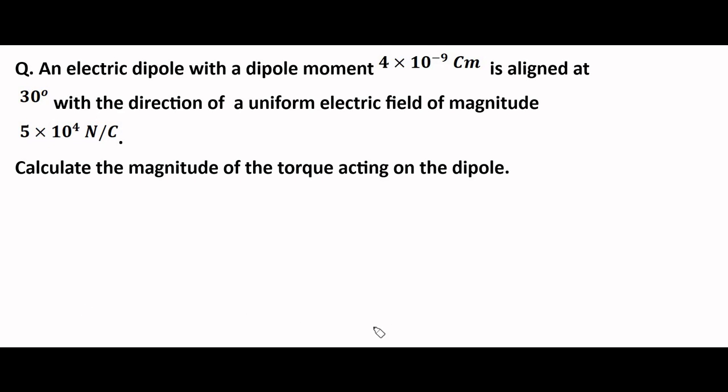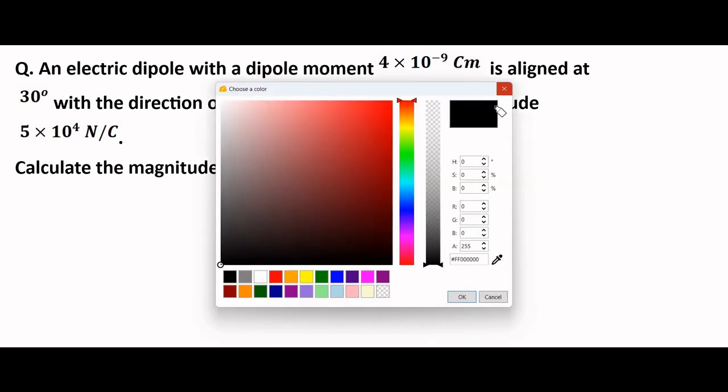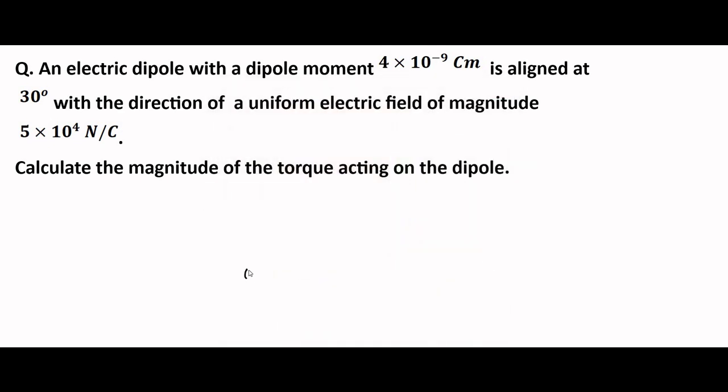So here it is given that we have a dipole with a dipole moment of magnitude 4 into 10 to the power minus 9 coulomb meter.